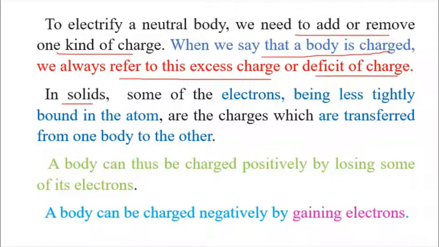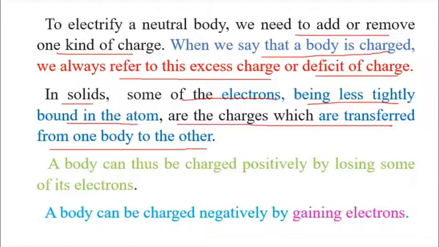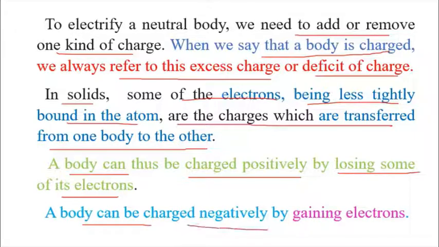In solids, some of the electrons, being less tightly bound, are the charges which are transferred from one body to another. A body becomes positively charged by losing some of its electrons, and a body becomes negatively charged by gaining electrons.